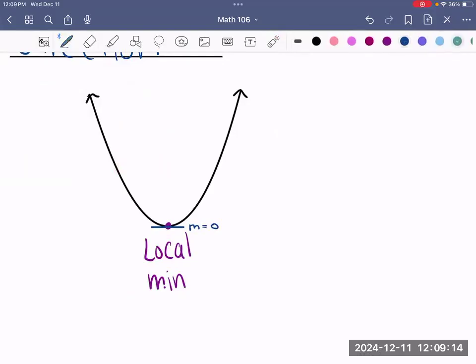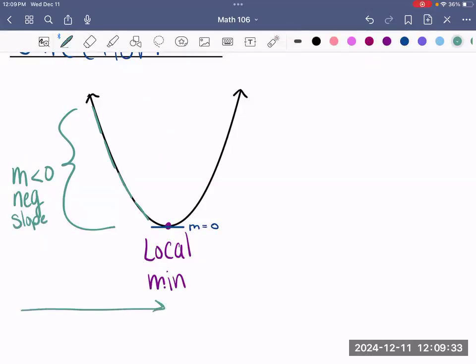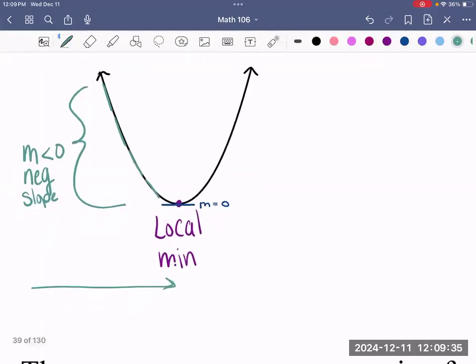Well, if we were to draw a series of lines, what would your slope be on this side? So your slope here on this side is less than 0. It's a negative slope. Therefore, we must be decreasing all the way until we get to your minimum value.